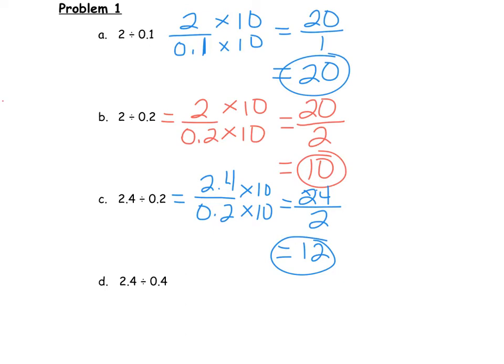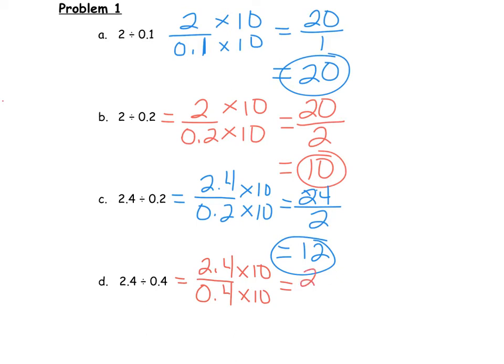Letter D, 2 4/10, my dividend, divided by 4/10, my divisor. So I'm going to take my dividend, which becomes my numerator, divided by my divisor, which becomes my denominator. So I'm in the tenths place, so I'm going to multiply by 10. 2 4/10 times 10 means that 4 is going to move to the ones place, so the 2 gets scooched to the tens.